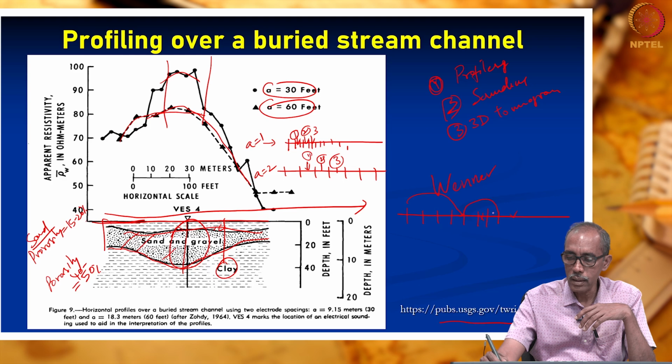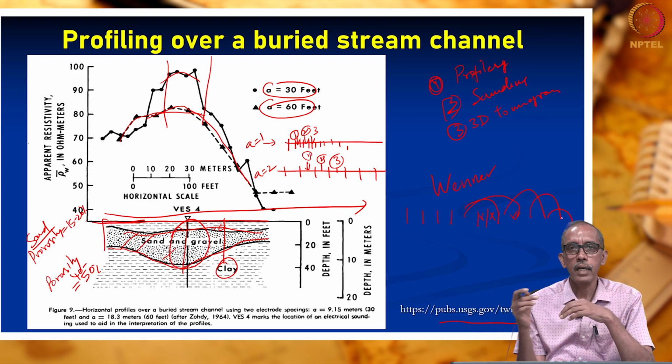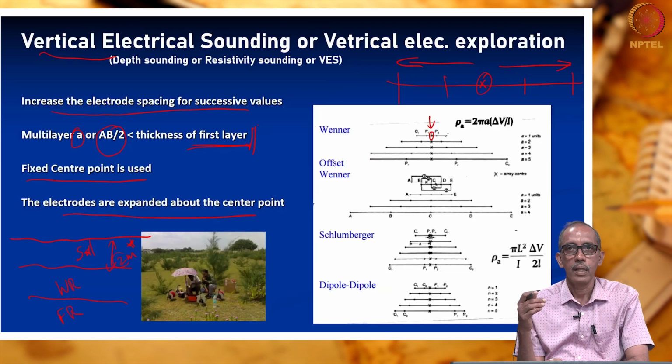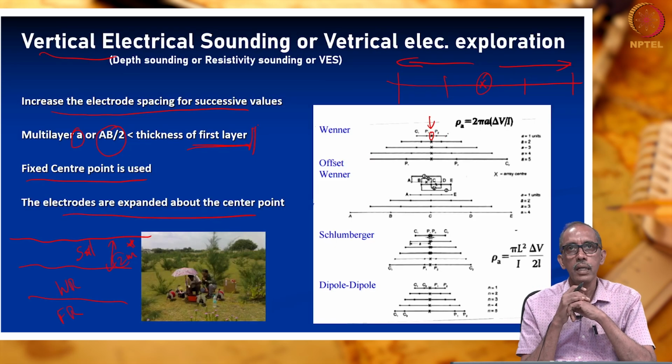After completing this, shift this electrode to the next place. So, this is how you can shift and carry out the survey. Wenner method is easy. Whereas, to carry out a depth sounding, it is preferable to use Schlumberger method.